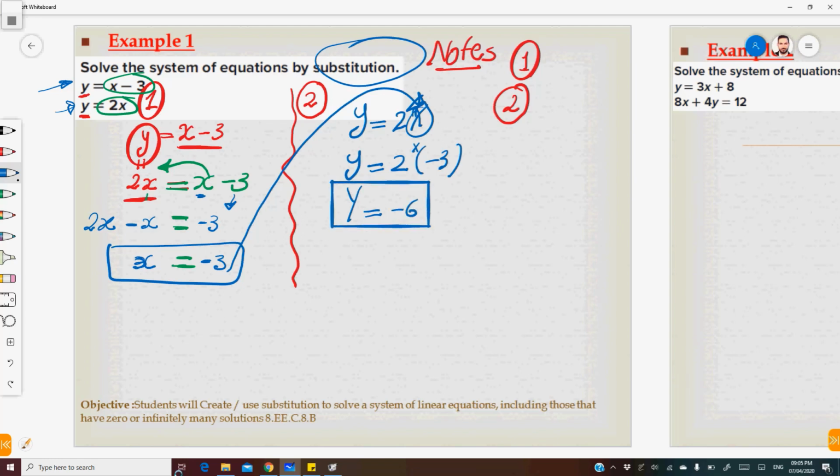Now I have the value of x and the value of y, which is our solution.